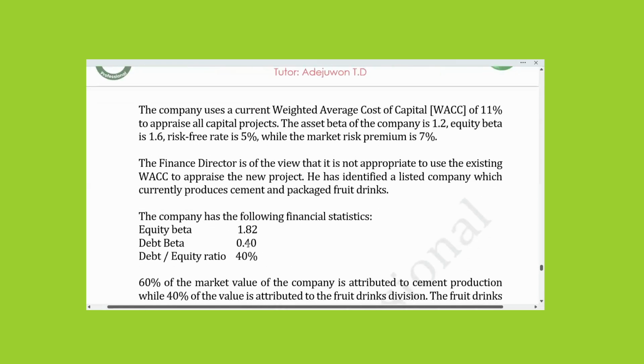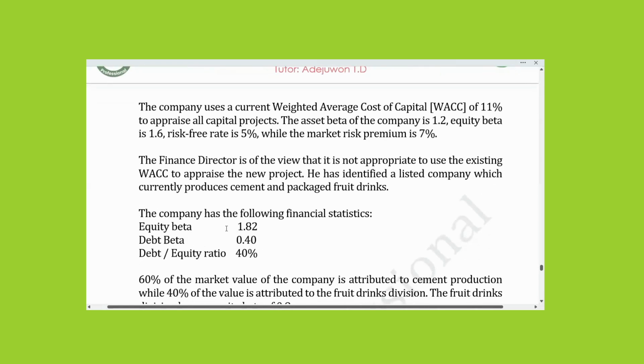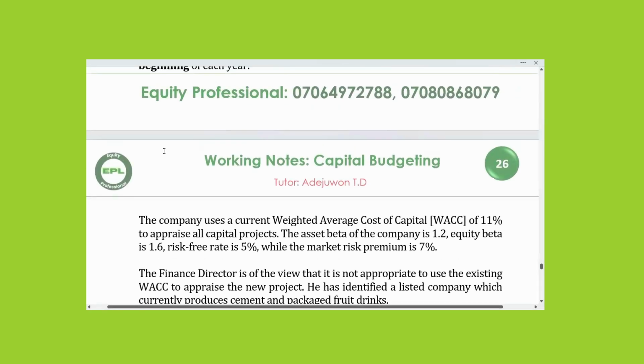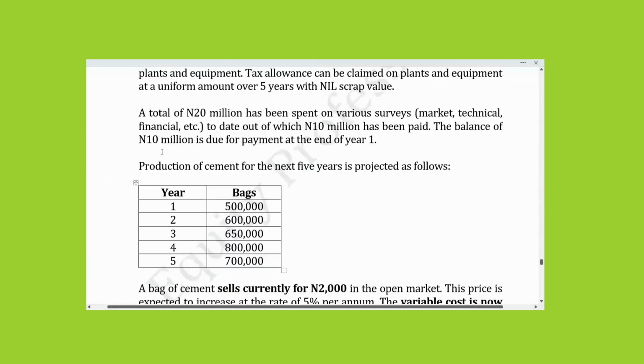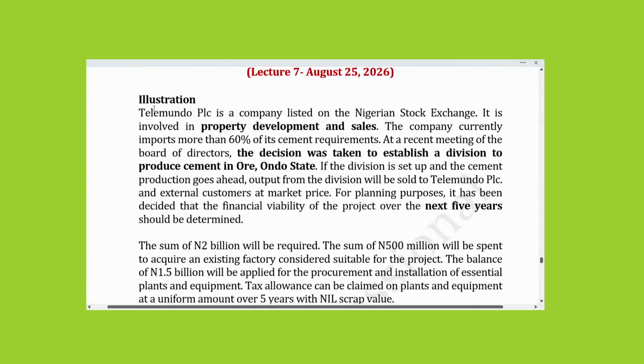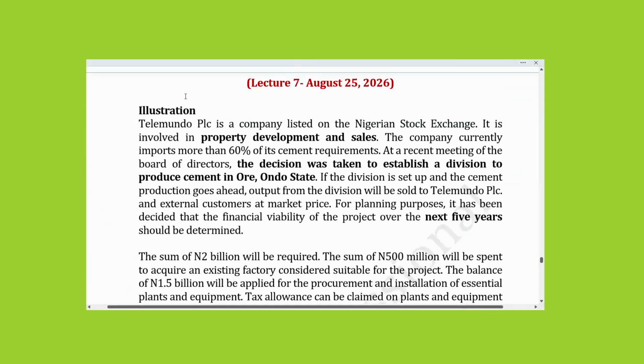So based on the information given to you, which cost of capital do you think we are expected to calculate? Is it traditional WACC? Is it project-specific WACC? Or is it WACOCA? All right. So in this case, because in the question, we are told that Telemundo PLC is a listed company on the Nigerian Stock Exchange. The company is involved in property development and sales.